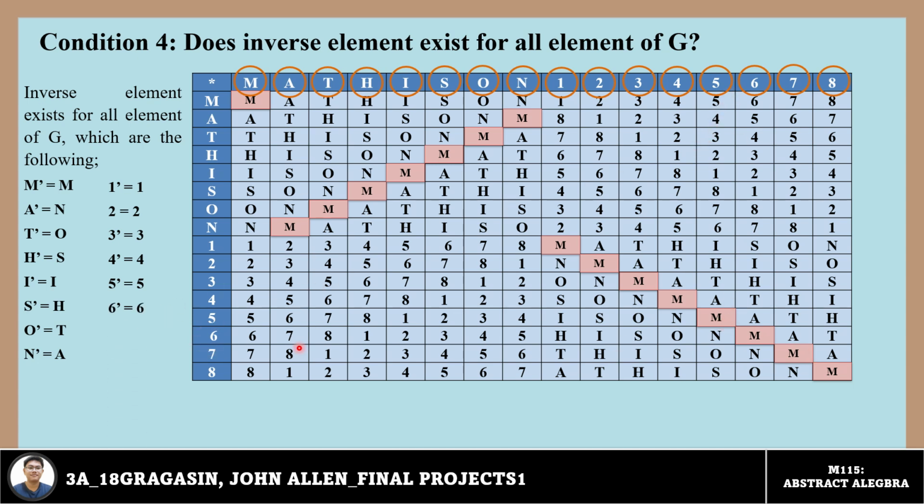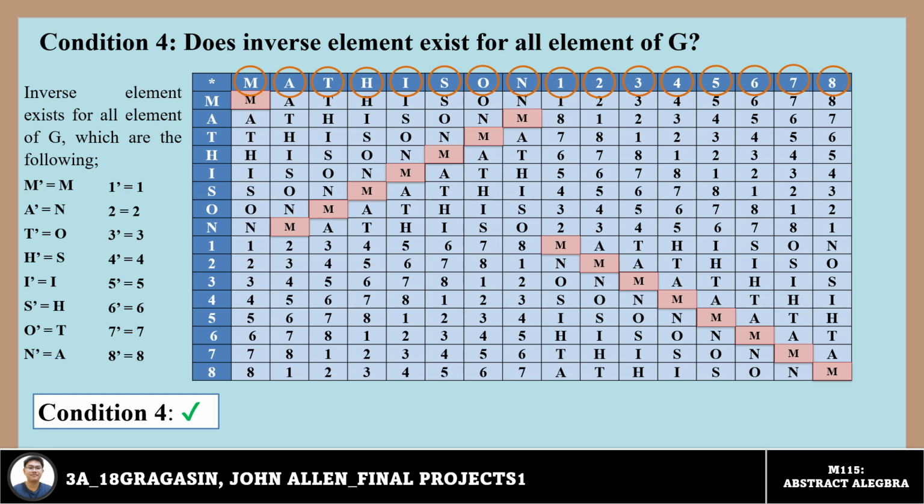And then the inverse element of 6 is 6. And then the inverse element of 7 is 7. And then the inverse element of 8 is 8. Therefore, as you can see here, all the elements in the set G have the inverse element. Therefore, condition 4 is satisfied.